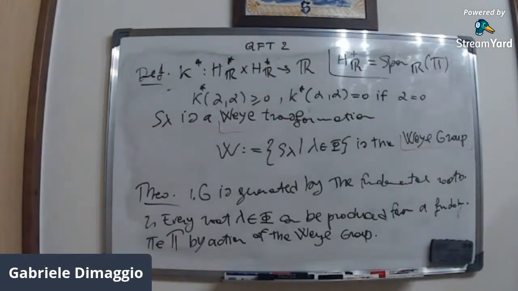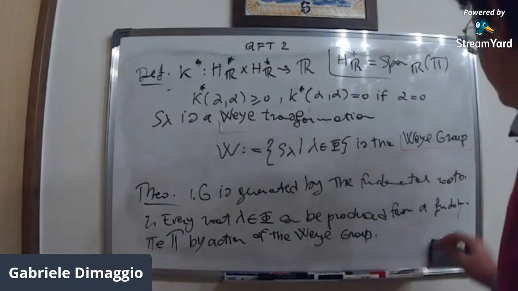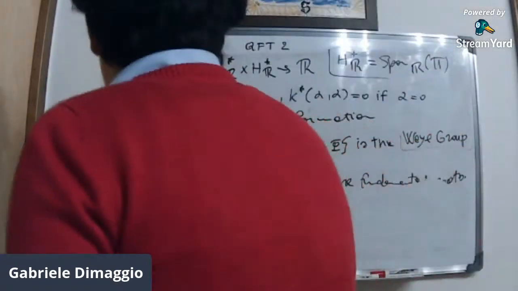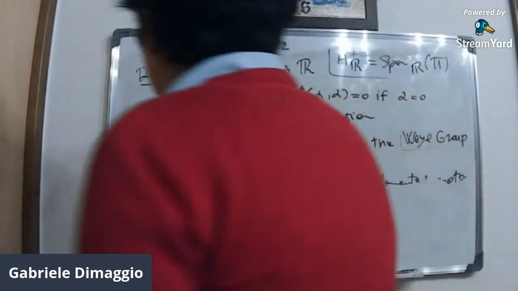Perfect. Now, consider this thing. This is an important theorem. There are two important theorems, actually.